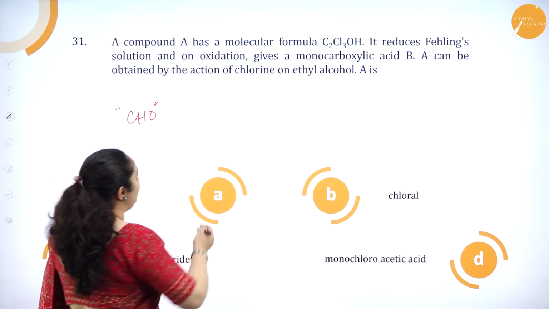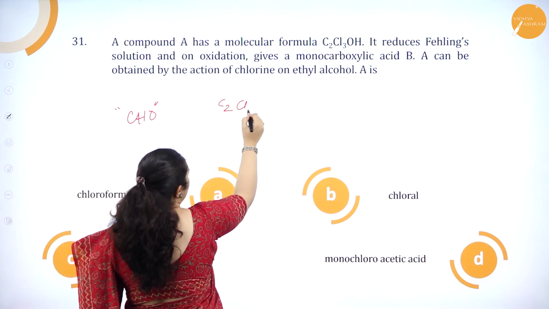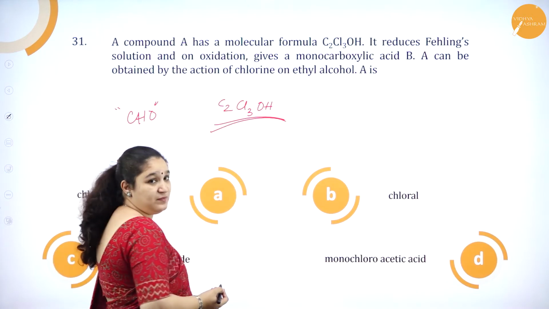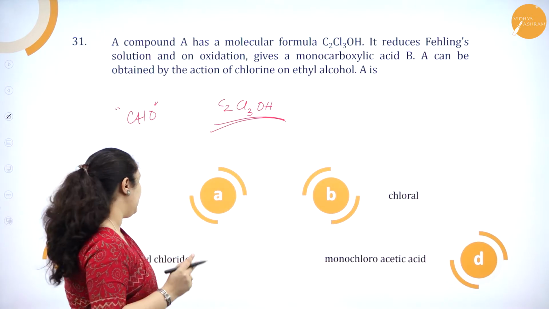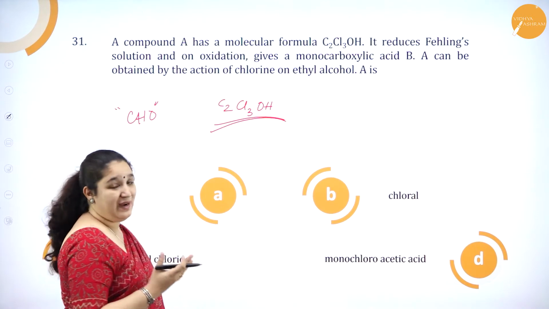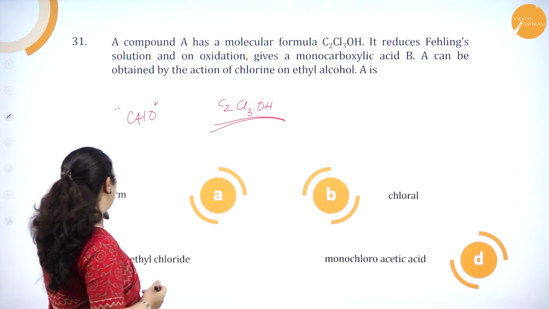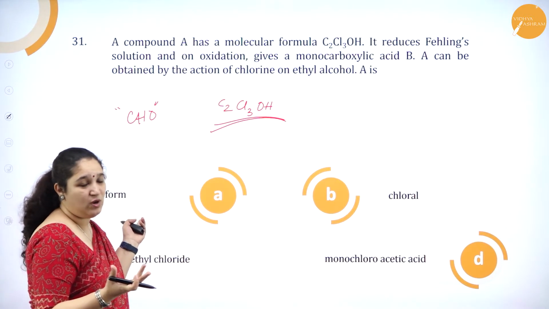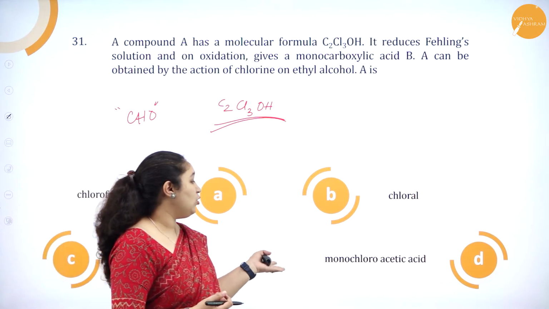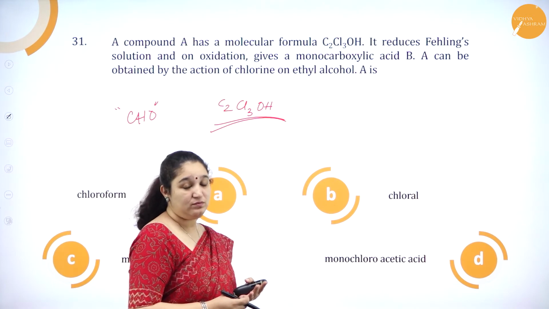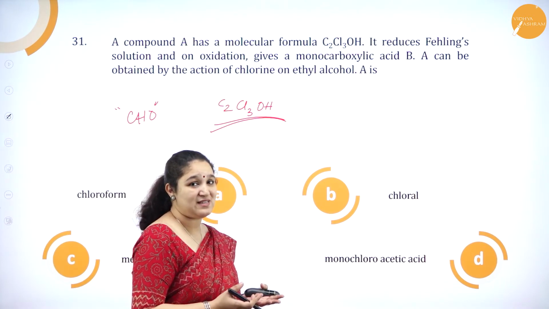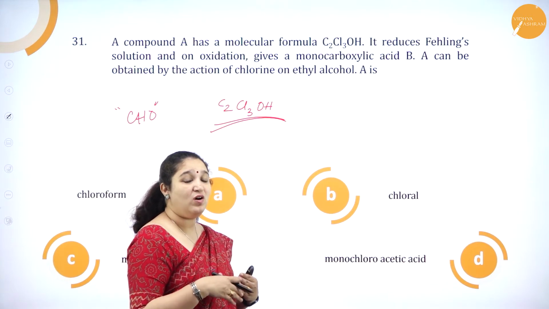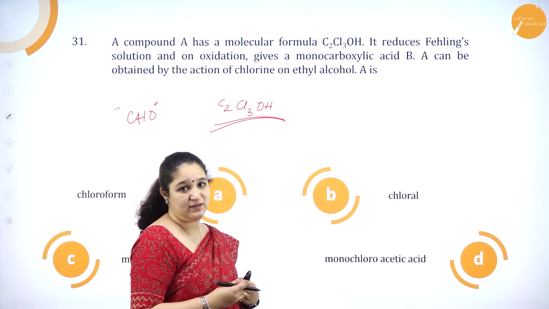See, the molecular formula is given, C2Cl3OH of A, correct. So 2 carbon atoms it should have. Methyl chloride cannot be the answer. Chloroform, CHCl3, correct. Here there are no 2 carbon atoms. Monochloroacetic acid. Monochloroacetic acid has a COOH group. Ethyl alcohol on chlorination will not give that, correct.